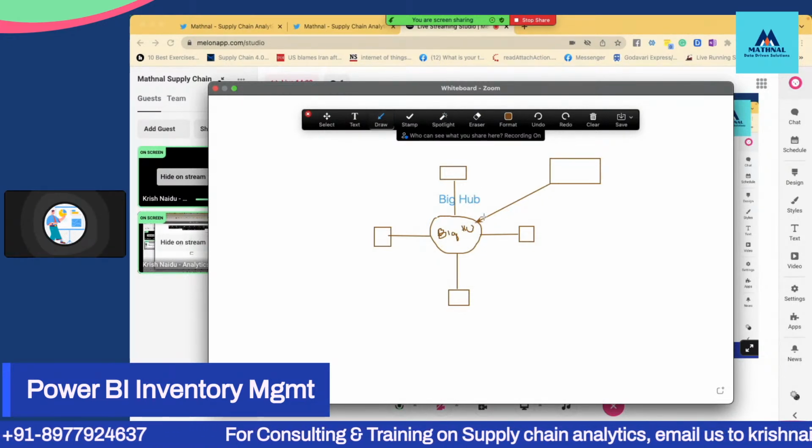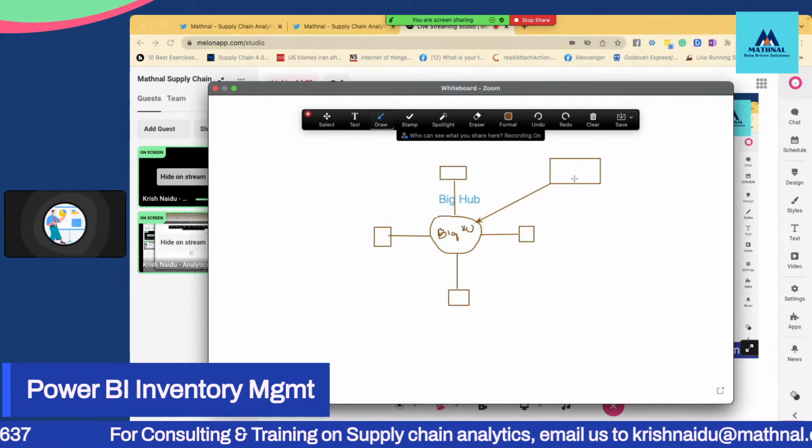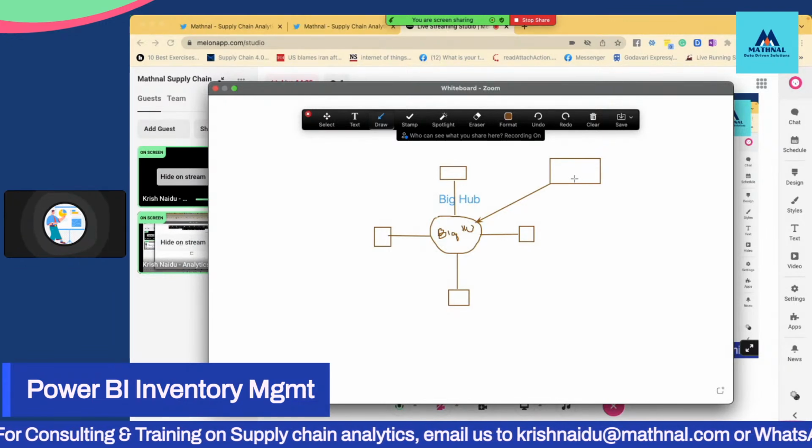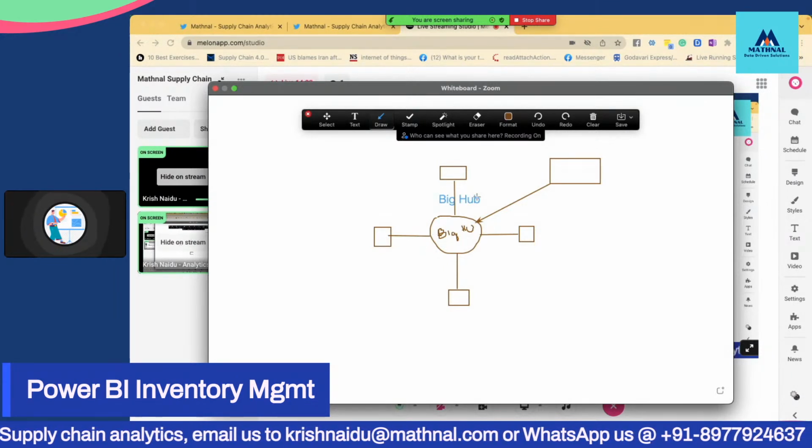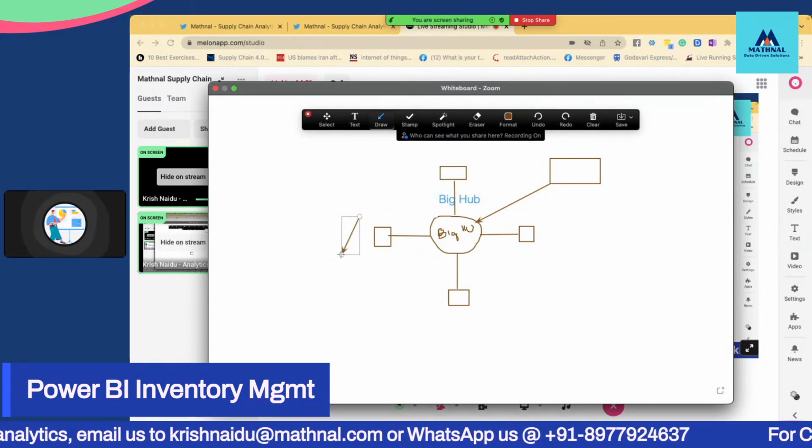So this big hub is receiving supplies from the state hub. There is one hub in a state, and this hub is receiving from there, and this hub is giving to smaller hubs in different parts of the city.